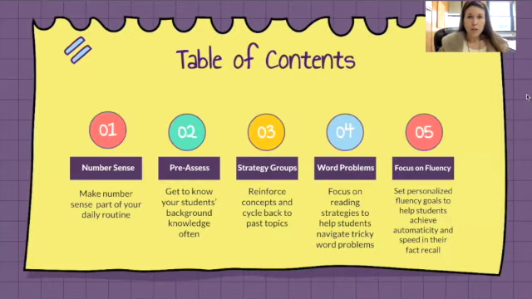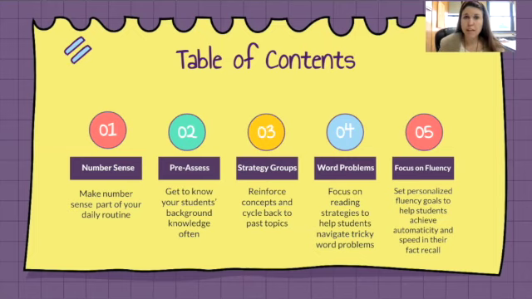Let's get started. So just briefly, I'm going to tell you what each of these strategies are, and then I will go into each individual strategy. We start with number sense. The strategy would just be incorporating number sense into your classroom routines, pre-assessing your students to get to know them at a deeper level, specifically with mathematics, using strategy groups in your classroom, and making those very strategic choices about what you're doing in the strategy groups and who's going in each group and how they change, focusing specifically on word problems.